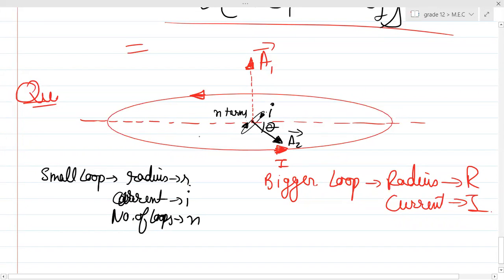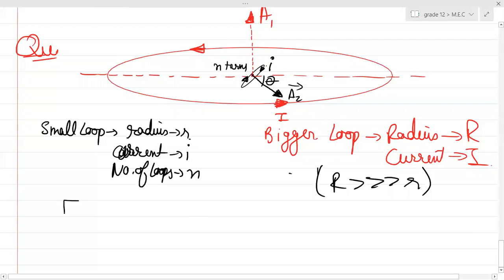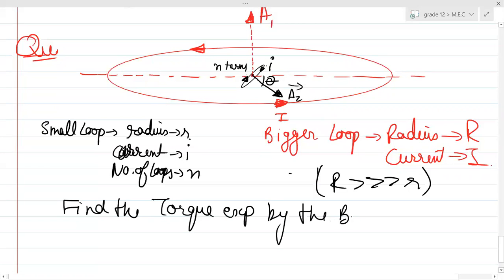So now my question is, here capital R is much greater than small r. Find the torque experienced by the smaller loop in the figure.